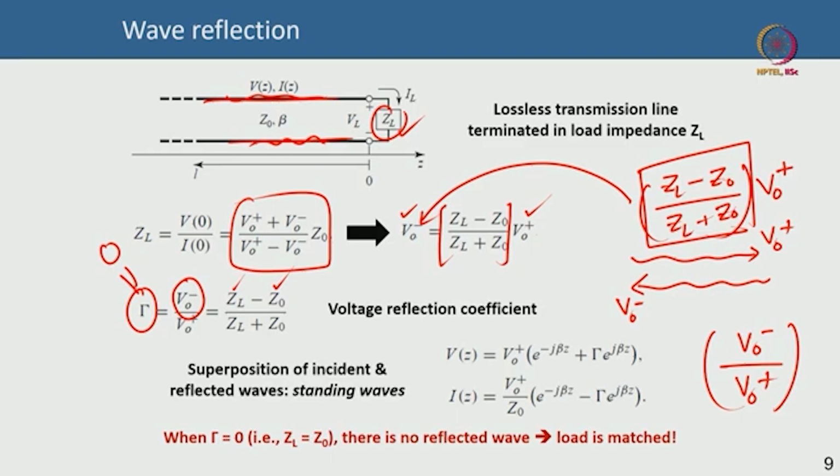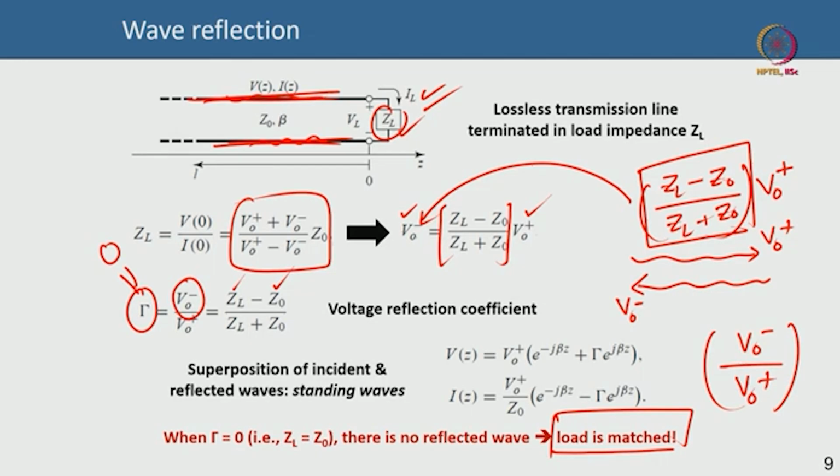So, if you have a reflection coefficient of 0, it means your load impedance is perfectly matched to the characteristic line impedance. That is what it means. So, you want to come to a load which is matched to the characteristic impedance of the line.